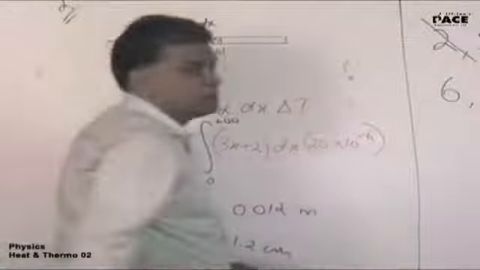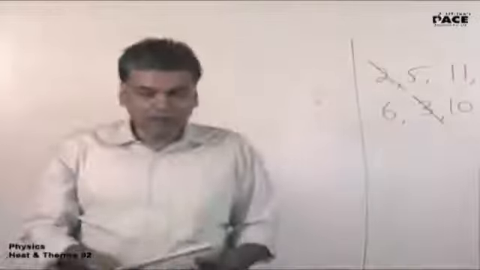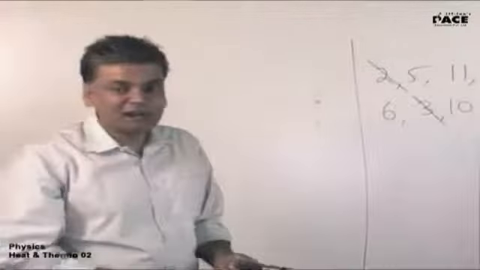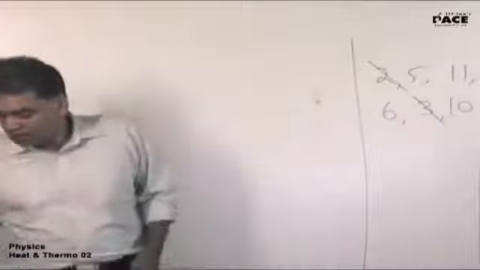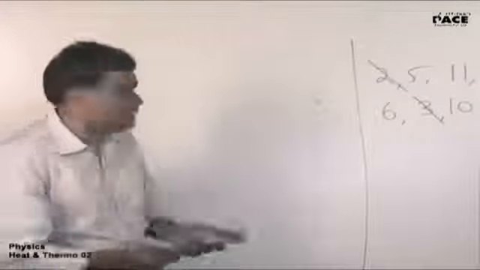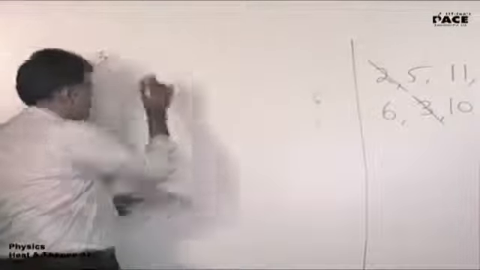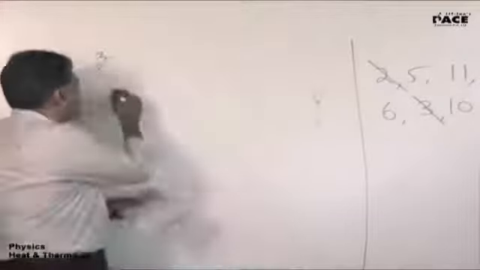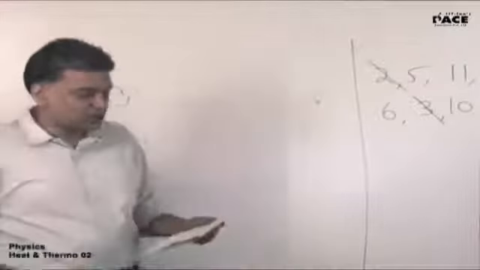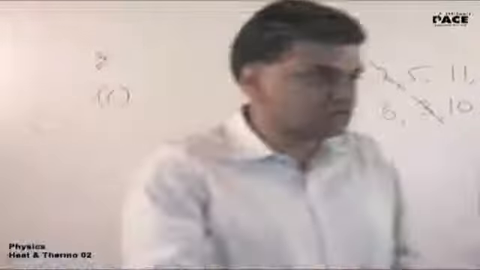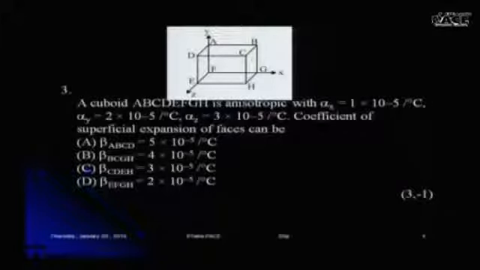The third question we proceed to. I will just justify why the correct one is correct. Look at the C question. The side we are talking about is side CDEH.